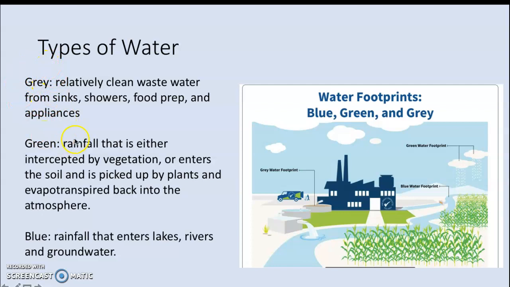Gray water, however, can be used to irrigate and can be reinserted into the water cycle. Green water is water coming straight from the sky. That's precipitation. And then blue water is the water that enters lakes and rivers and groundwater.